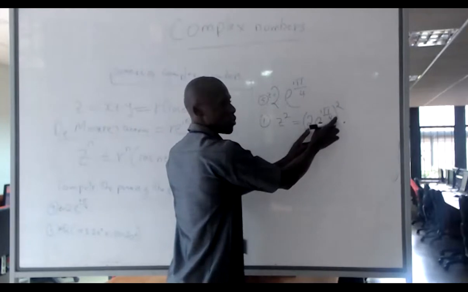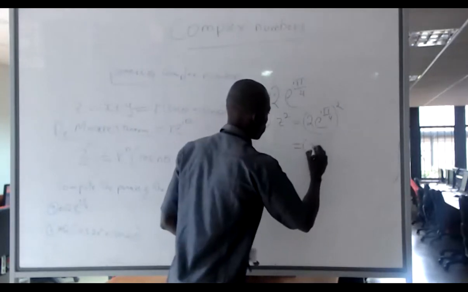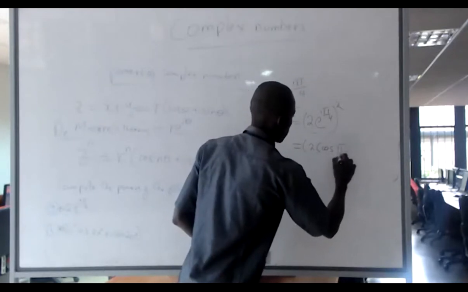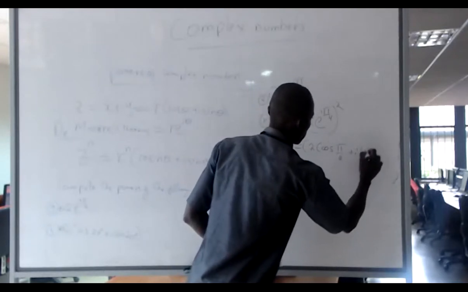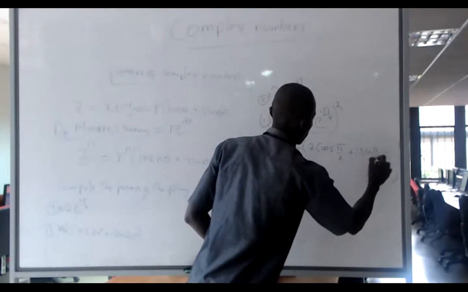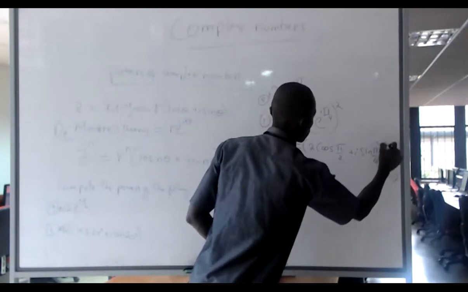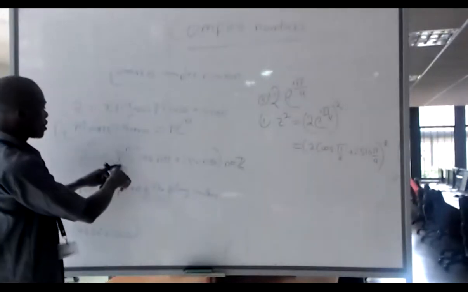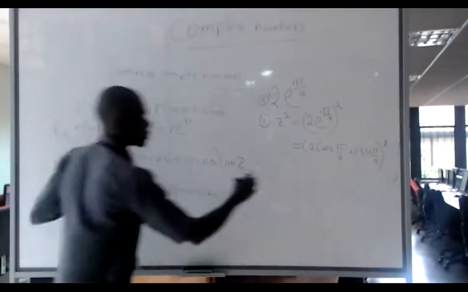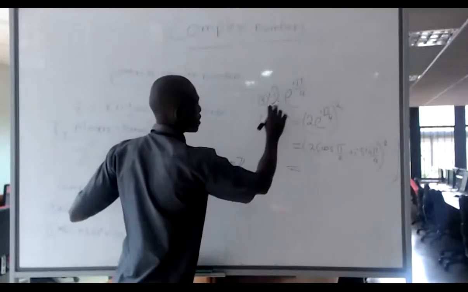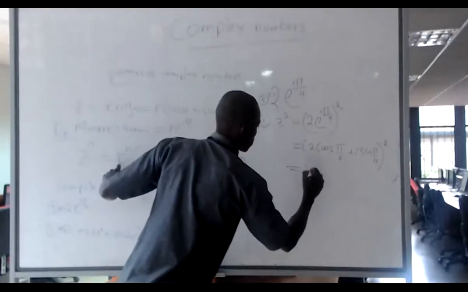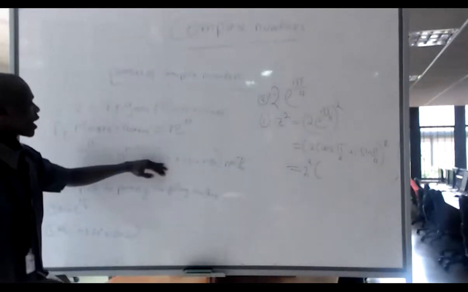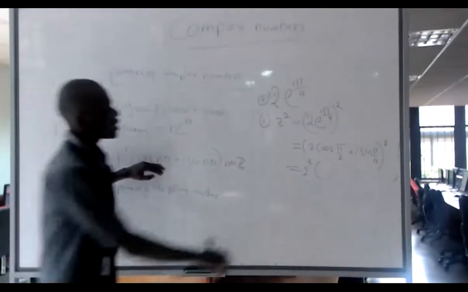by Euler's formula, what you have inside should be 2 times cosine of pi by 4 plus I times the sine of pi by 4. You are raising everything to 2. But the theorem tells you to take the R and raise it to n. In this case, R is 2. So I take 2 squared. And then inside the bracket, multiply the angle by n. For our case, n is 2.